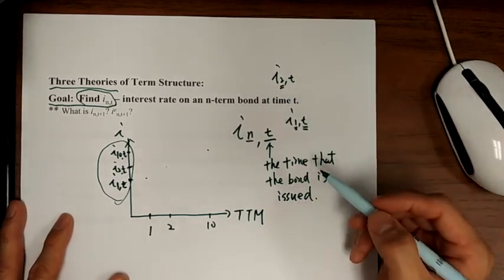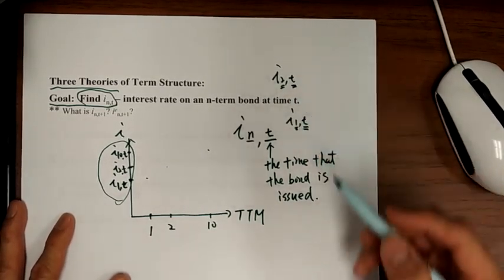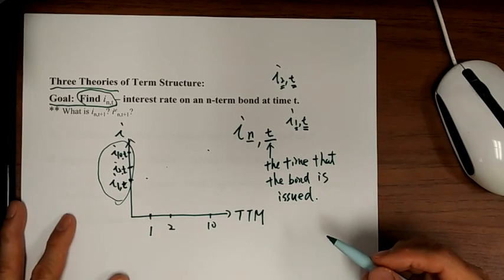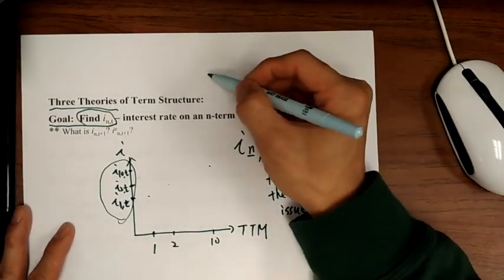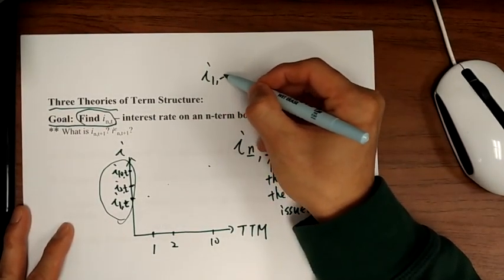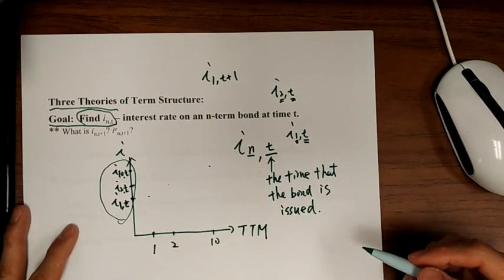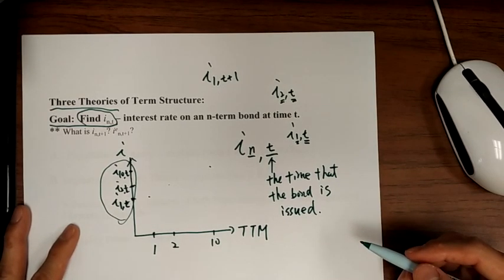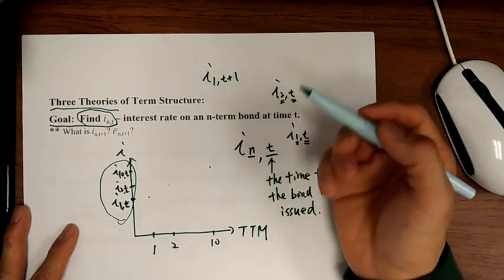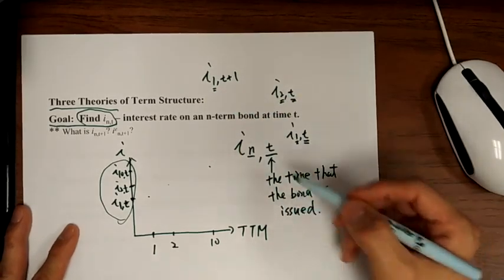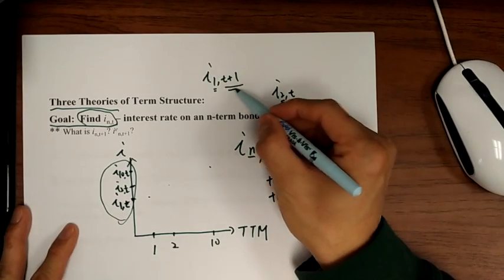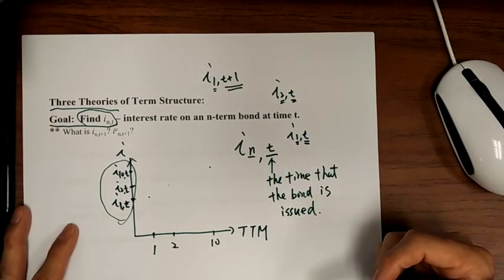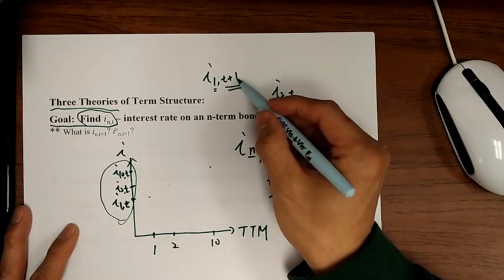It is 2-year bond interest rate at time T. Then what is I1T plus 1? I1T plus 1 is 1-year bond interest rate next period. Say for example, tomorrow.